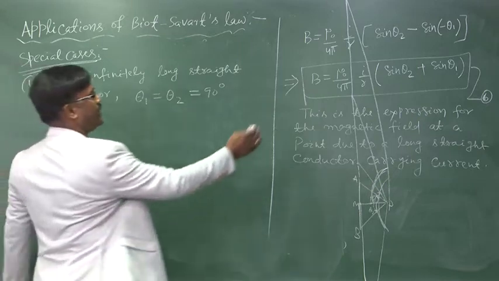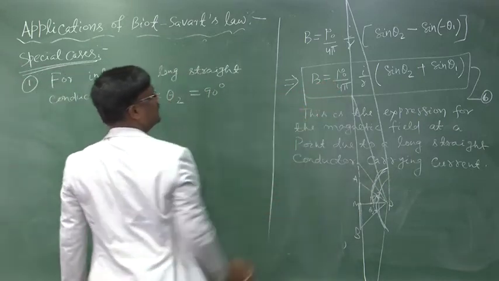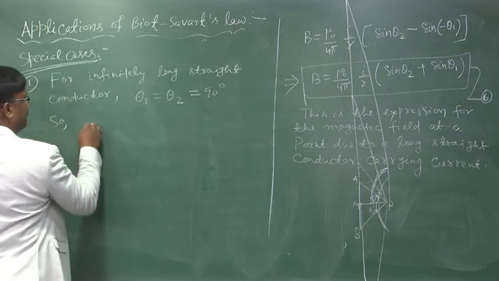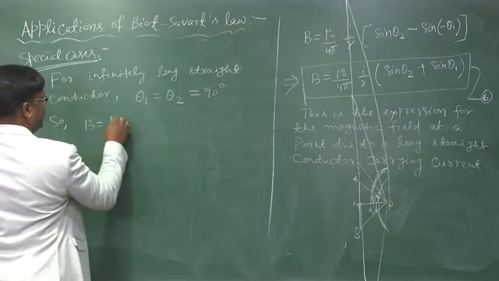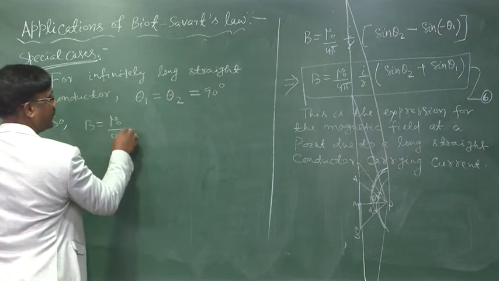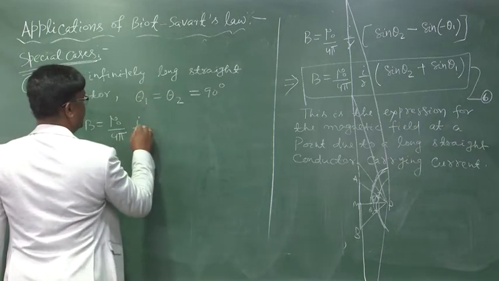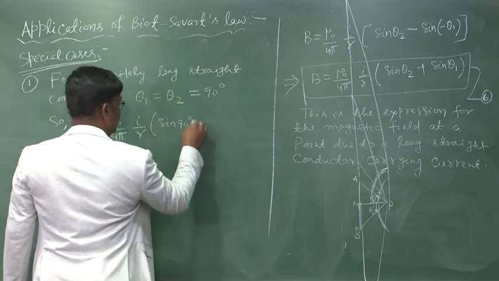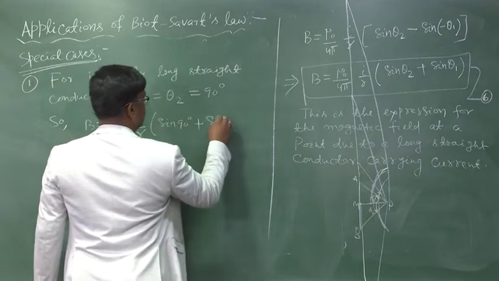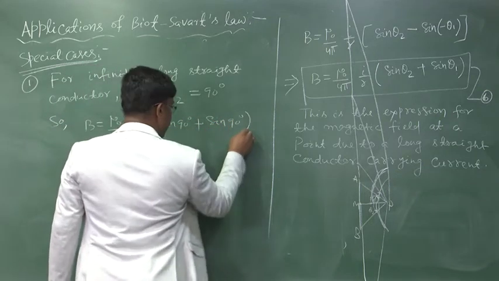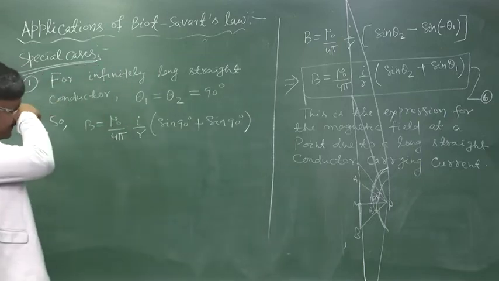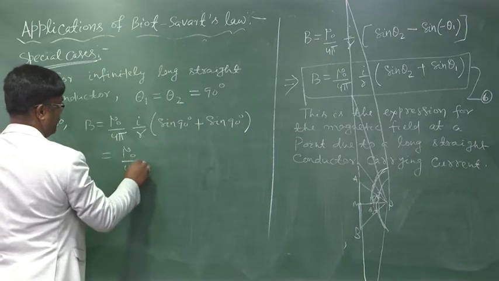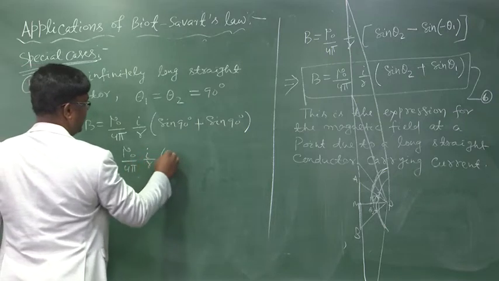So, from this equation, now we can write B is equal to μ0 by 4π I by R, sin 90 degrees plus sin 90 degrees.